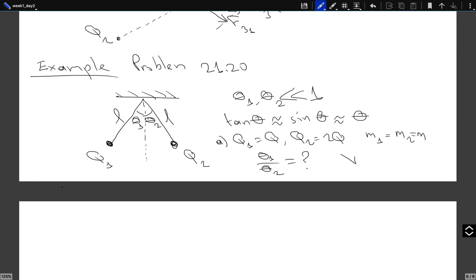Well, let's go to the other case. Q1 is equal to Q. Again, the charges are the same. M1 is equal to M, but M2 is equal to 2M.